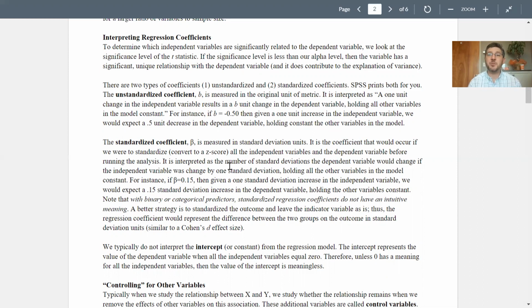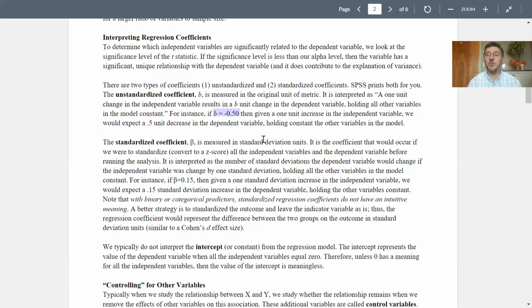The biggest difference between them is the unstandardized coefficient is in the original unit of metric, and it's interpreted as a 1 unit change in the independent variable corresponds to a B unit change, whatever that coefficient is, in the dependent variable. So in this case, the unstandardized coefficient is -0.5.